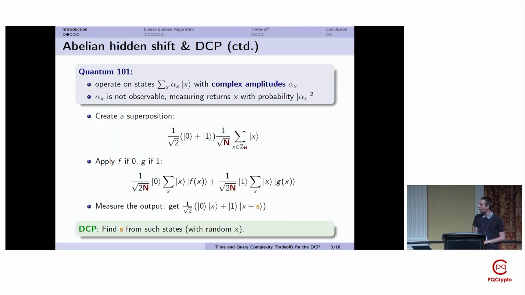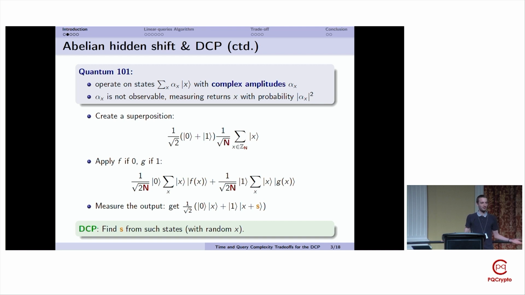Okay, what does it have to do with what we call the Dihedral Coset problem? We're going to go there, and for this we have to do some quantum stuff. So quantum 101 in a single little block here is basically that we operate on states which are superpositions. In these superpositions, you have complex amplitudes.